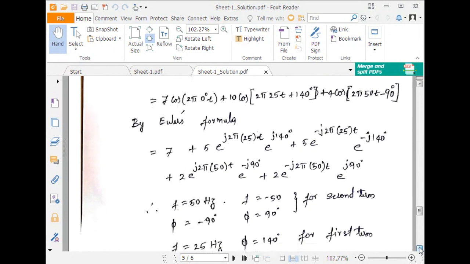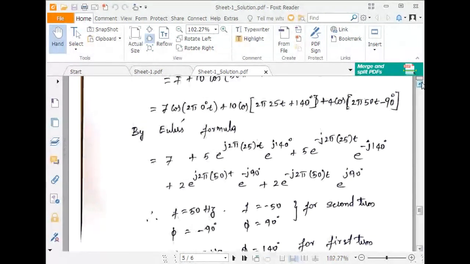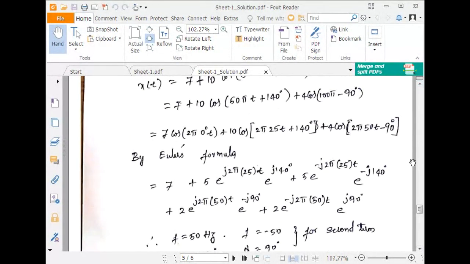Can you go to the previous step, sir? I just want to check something. The last term, 4 cosine 2 pi 50t minus 90.